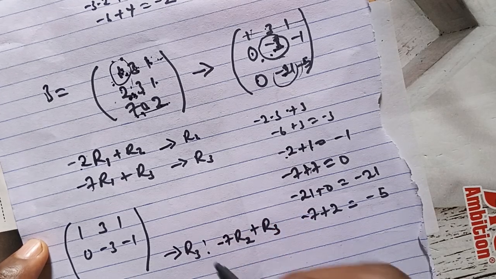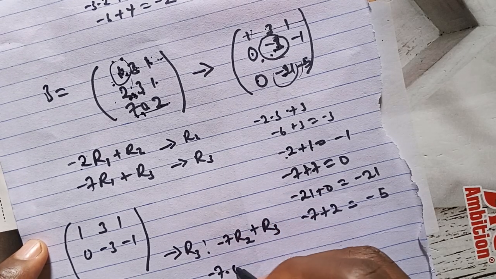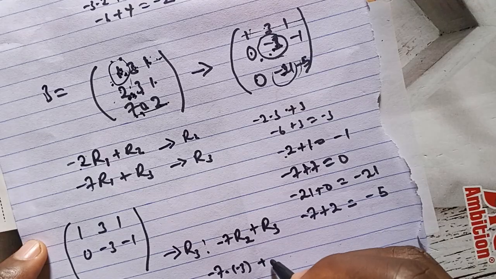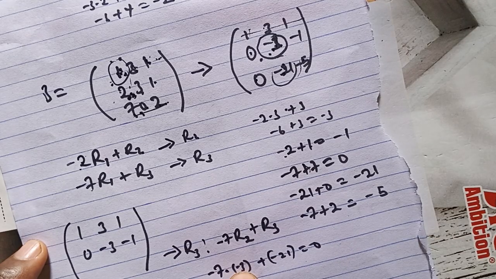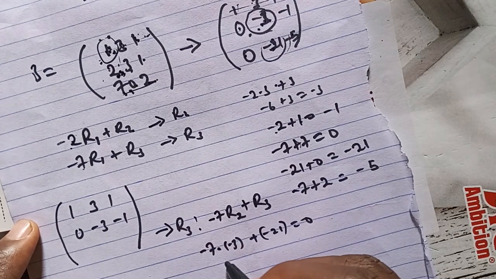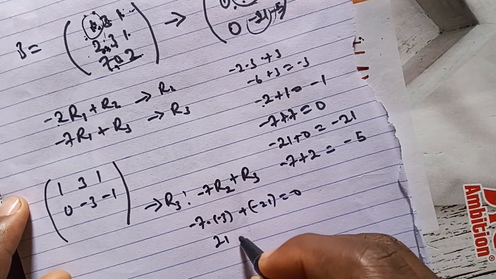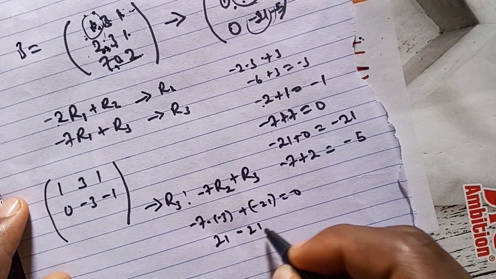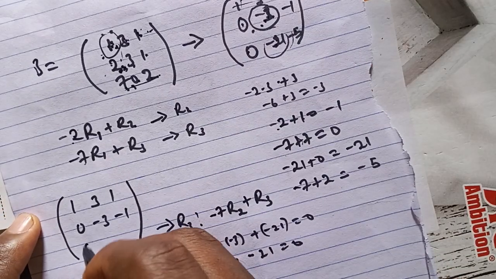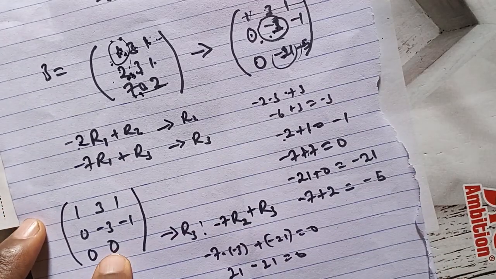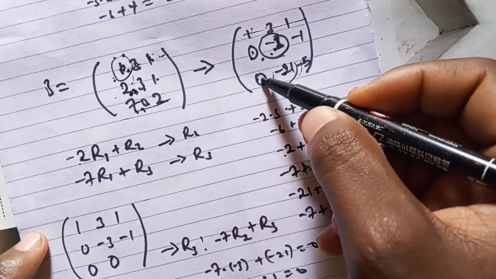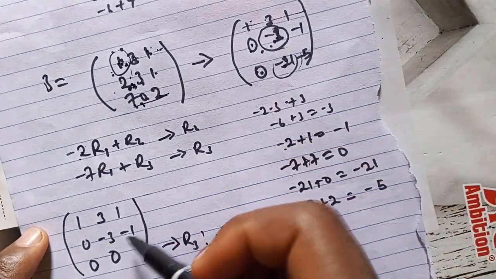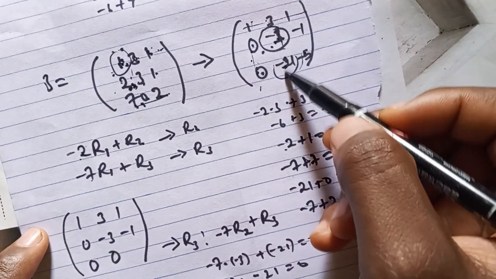Now if we take this operation, we have minus 7 times minus 3 plus minus 21. No, this is actually 21. 21 minus 21 is equal to 0. So here's going to be 0. Of course, if you multiply minus 7 to 0 and add it with 0, it's going to be 0. That's why I did not go to this point, I just went straight here.